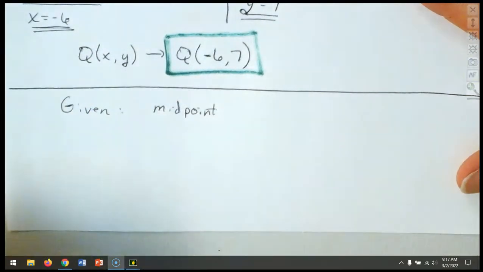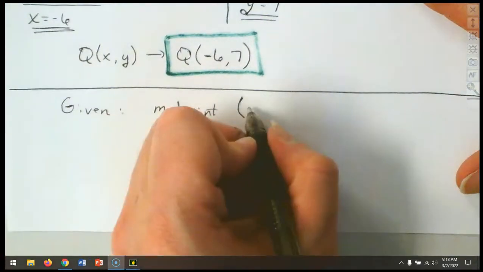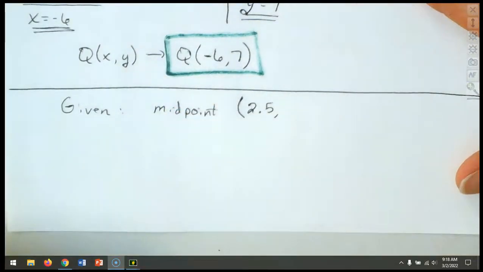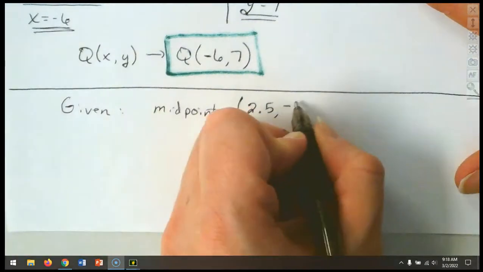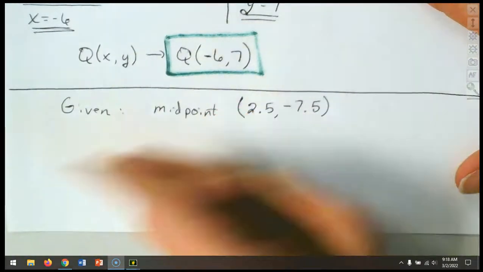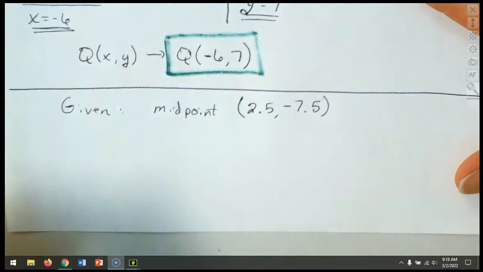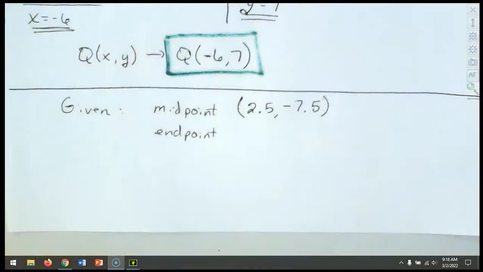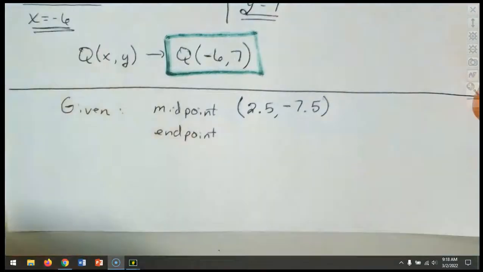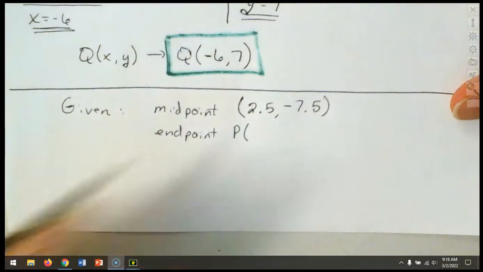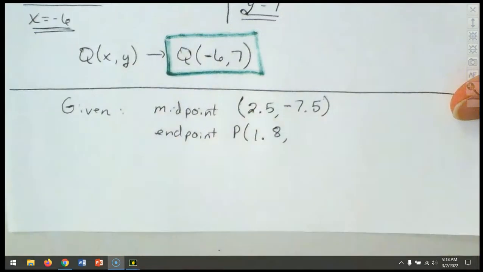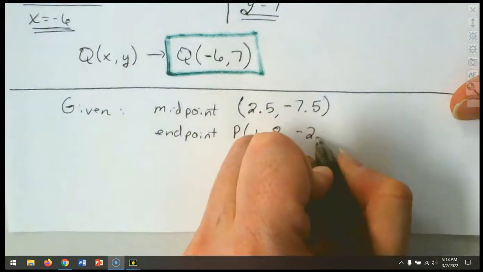So let's say you're given a midpoint, and let's say that is going to be about 2.5 and a minus 7.5. And then you're also going to be given an endpoint P, which, let's use, how about 1.8 comma minus 2.3.